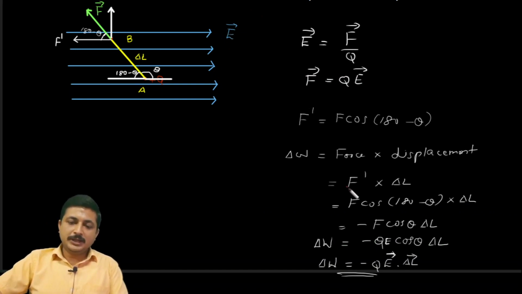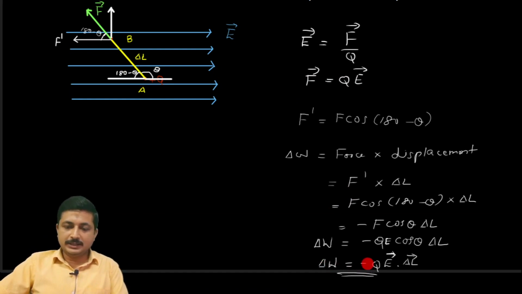Now you should be able to infer why the work done is negative. You have to remember the example which I told at the beginning of this discussion, the swimming example, right? So here what is happening is you are moving against the field. So what is happening when you are moving against the field? You are losing energy.